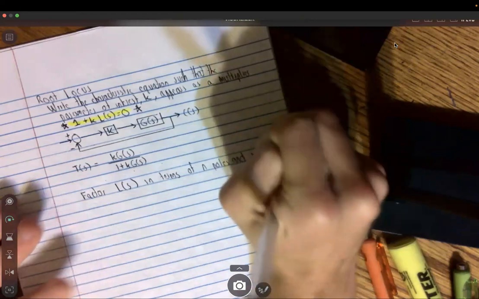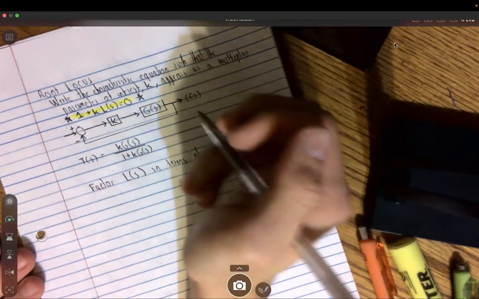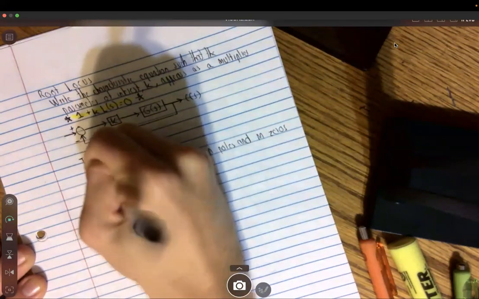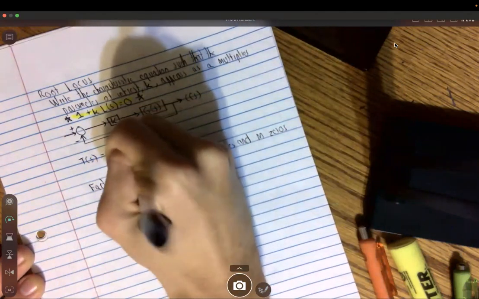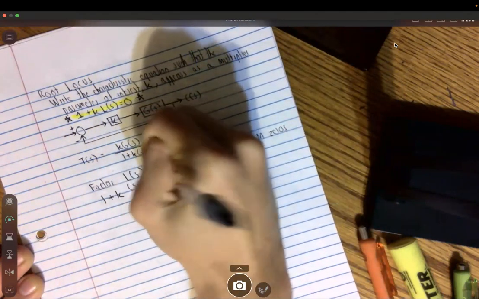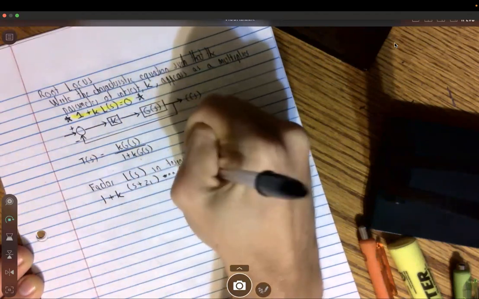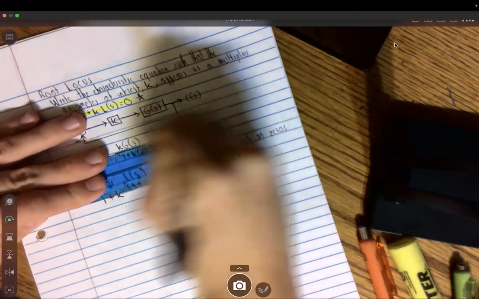So when you have to determine the root locus, you're going to see from this characteristic equation that we're going to write it in terms of our poles and zeros. So remember, zeros are in the numerator, and then dot, dot, dot, it's all multiplied by s plus z of m, because the total amount of zeros that you have, all over the total amount of poles you have.